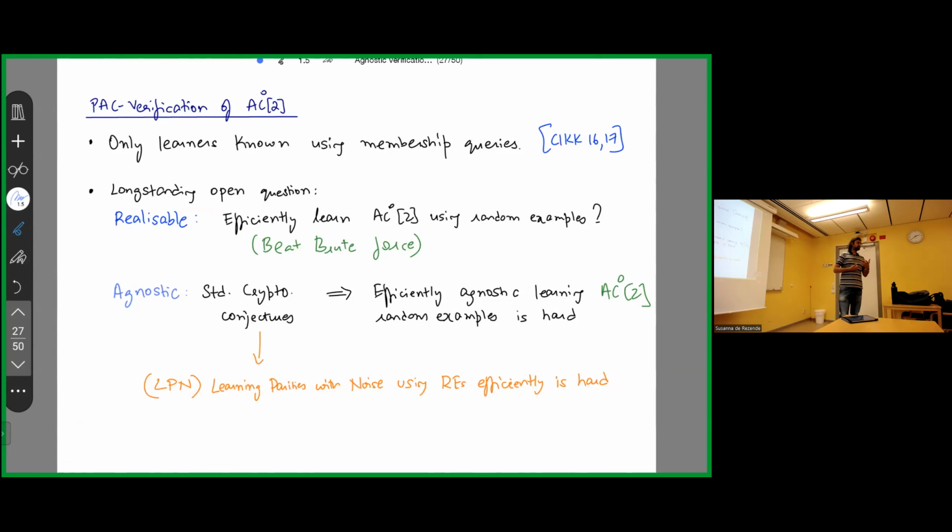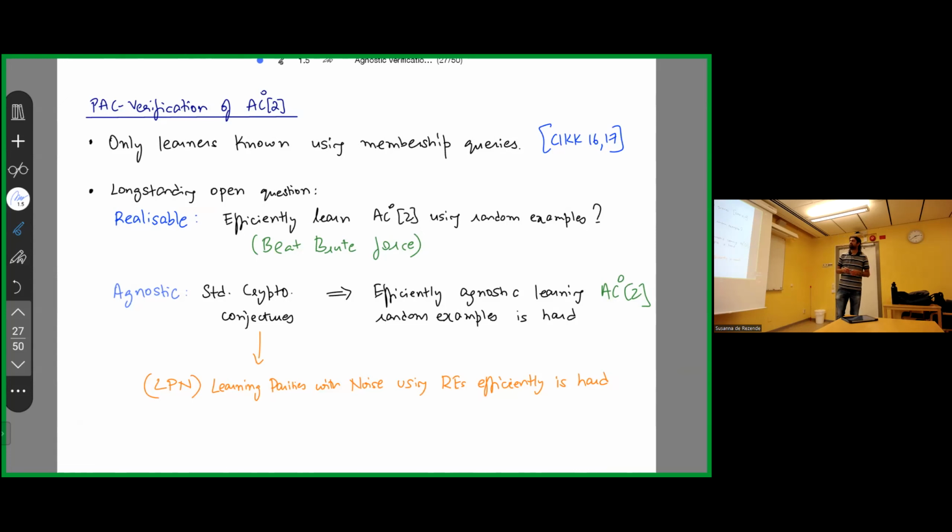Even in the realizable setting, learning this with random examples has been a long-standing challenge. We still don't know anything which beats brute force using random examples. And moreover, in the agnostic setting, efficient agnostic learners for AC0 parity using random examples are believed to be hard, assuming well-known cryptographic conjectures like the hardness of learning parities with noise.